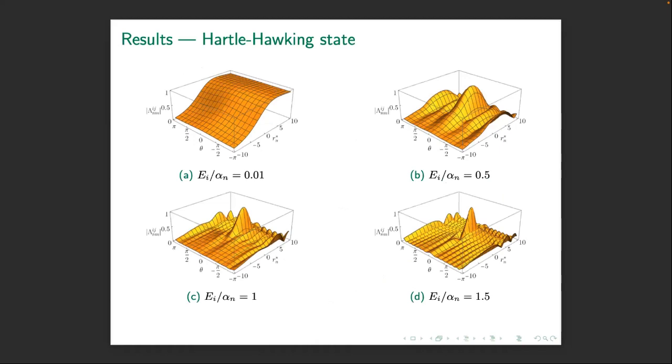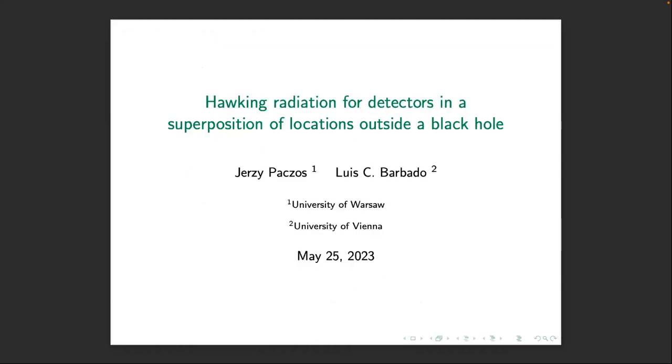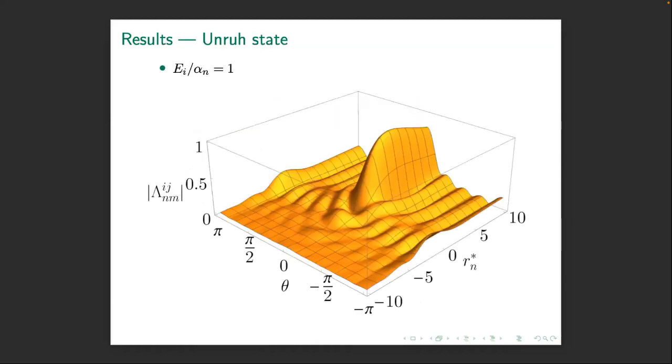Okay, and we can compare this with results for other values of this ratio. We see that basically the larger is this ratio, the more oscillations we have on the plot. And we can also take a look at what we get for the Unruh state.